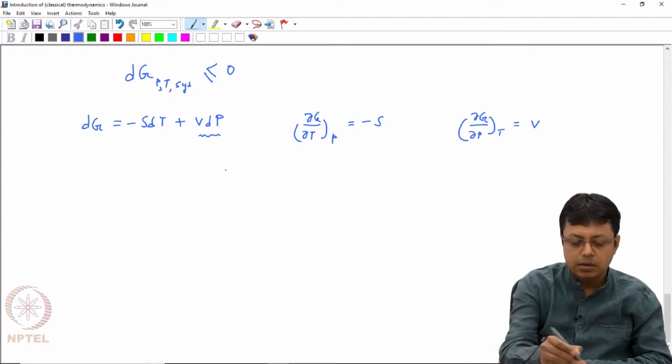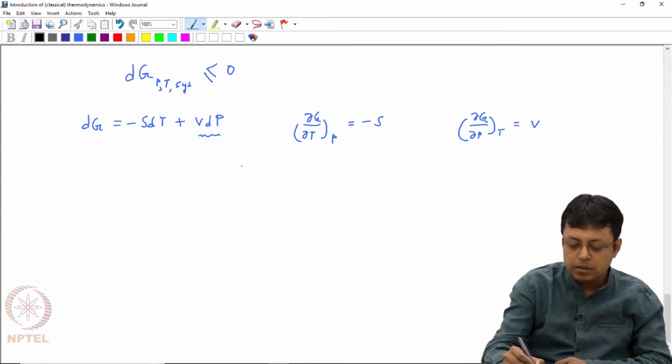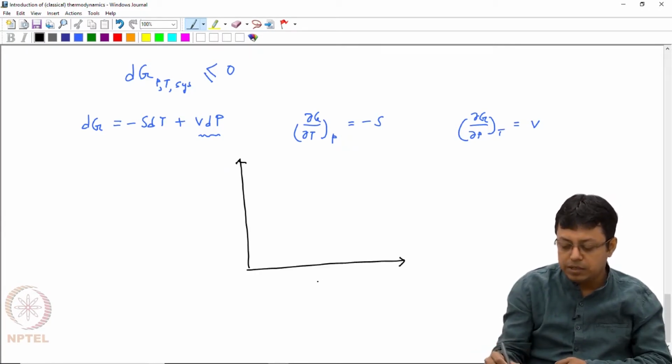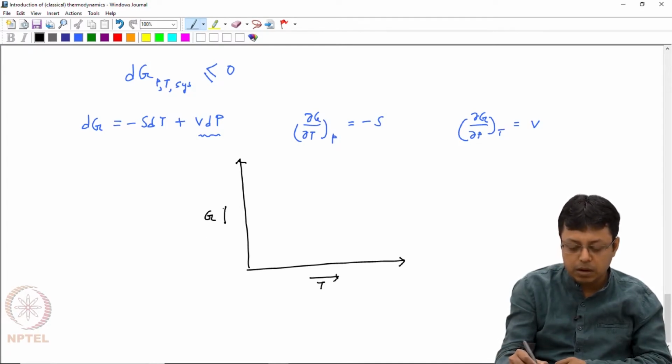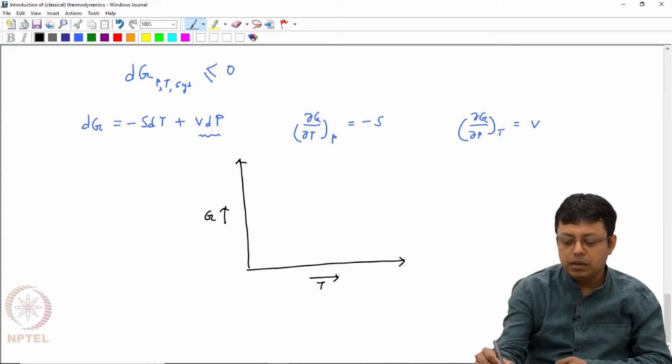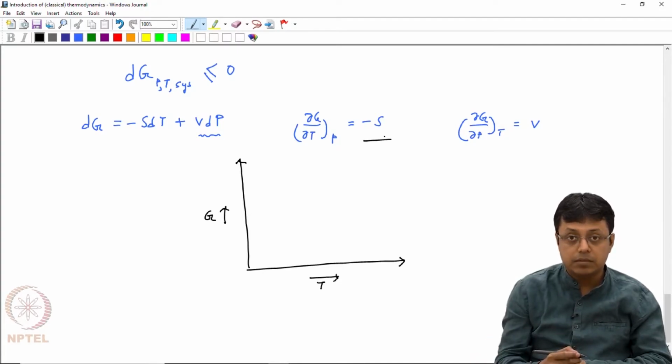So let us draw a diagram just to give you a feeling how the Gibbs free energy changes with respect to temperature and pressure. If I increase the temperature and plot how the Gibbs free energy changes, that is equivalent to the change in entropy but with a negative sign.